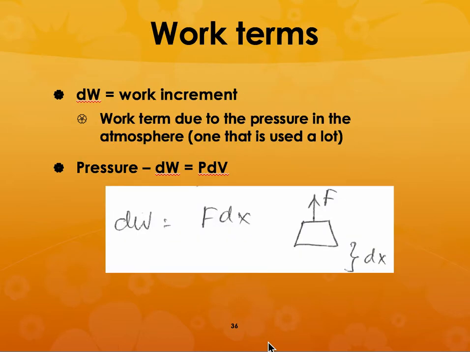So, for example, if you have the amount of work that has been done by this system, you have mass W or weight W, and you move that by a certain distance dx. So the work done dW is equal to F dx. F is the load and dx is the distance by which it has been moved.